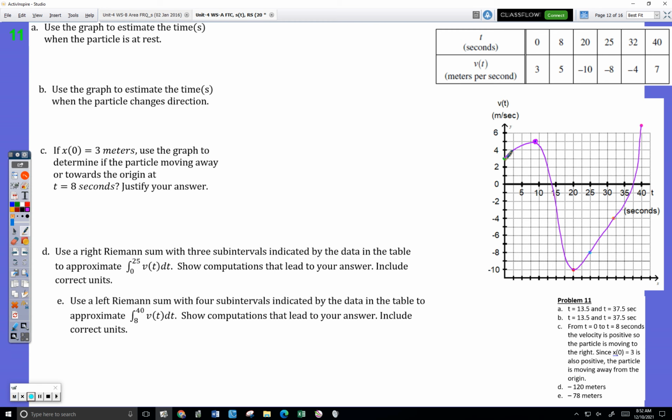Time equals 13.5 and 37.5. There we go. When the velocity is 0, the particle is at rest. Okay, show me your hands if you knew it. 2 points for Parker. Question? Sweet.